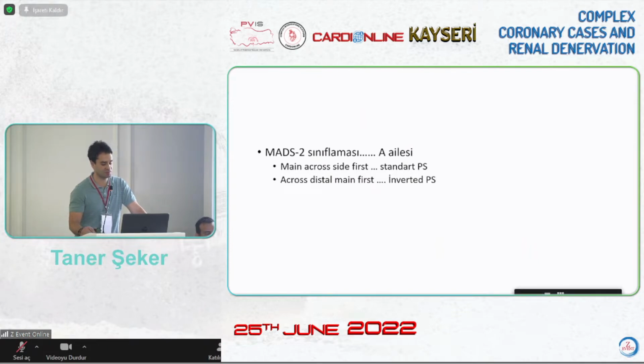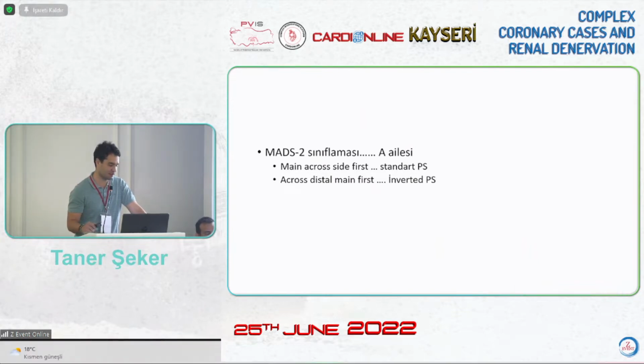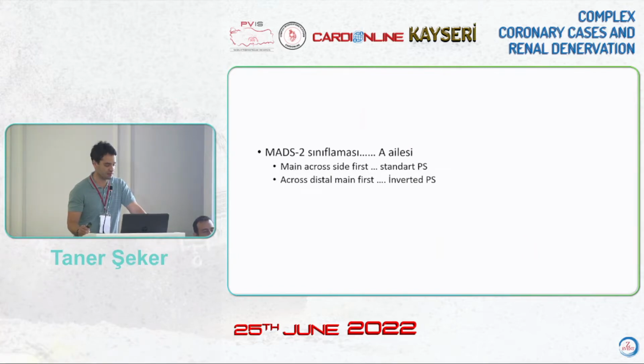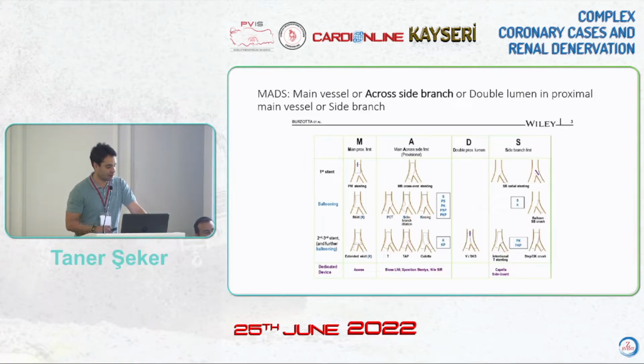Main across side first is standard provisional stenting, and across distal main first is inverted provisional stenting. These are the two main categories. When we say main vessel across side branch, as we all see, the stenting is done from the proximal main vessel to the side branch.